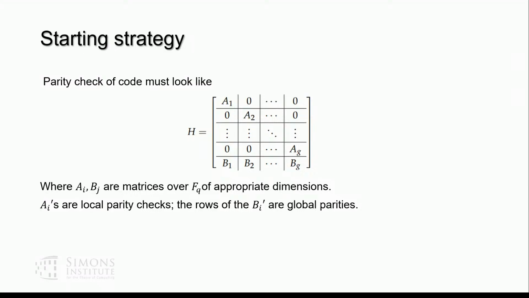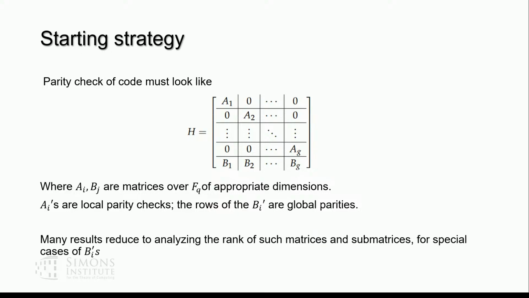It's very sparse, and the parity on local groups is associated with these small matrices A_i that come off the diagonal, and then the global parities are captured by the last matrices, B_1, B_2, ..., B_g here. And the B_i's and A_i's have appropriate dimensions.